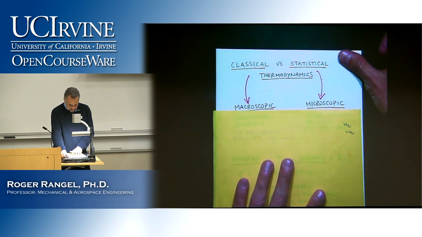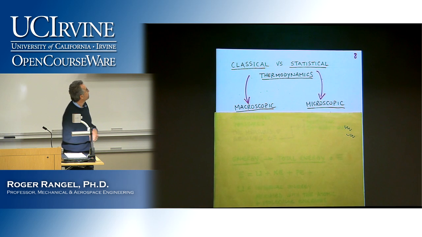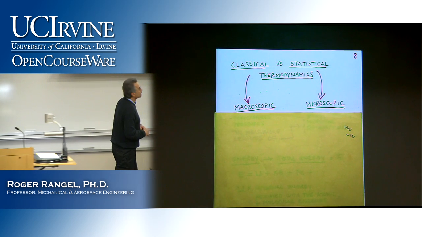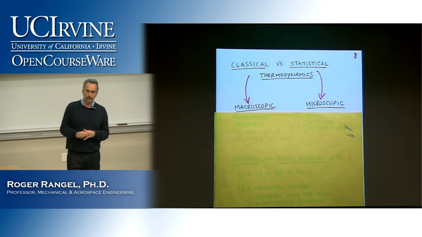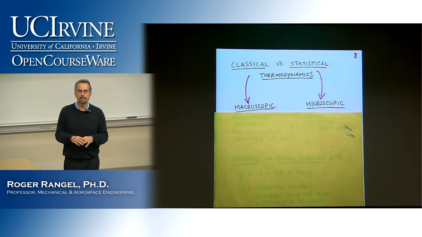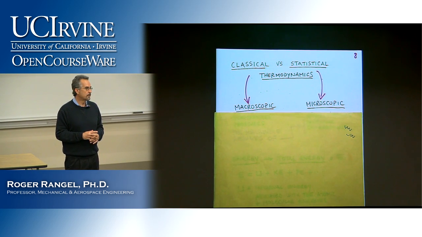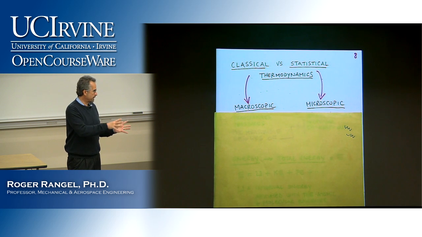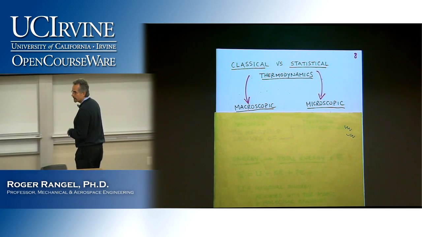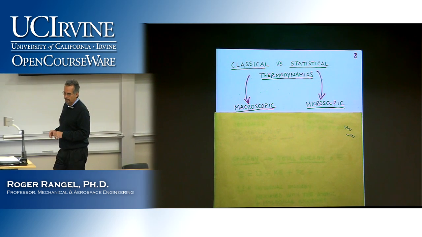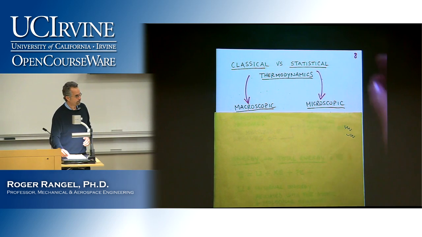The main difference is this. In classical thermodynamics, we are taking what we call a macroscopic view of our systems. Whereas in statistical thermodynamics, we're talking about a microscopic view.